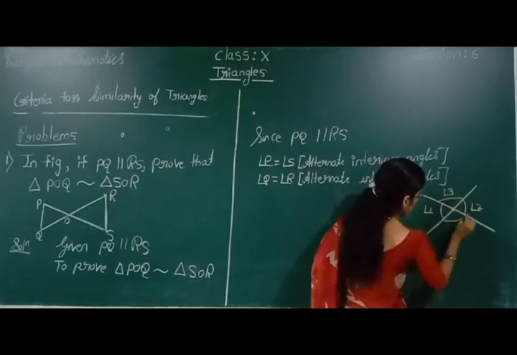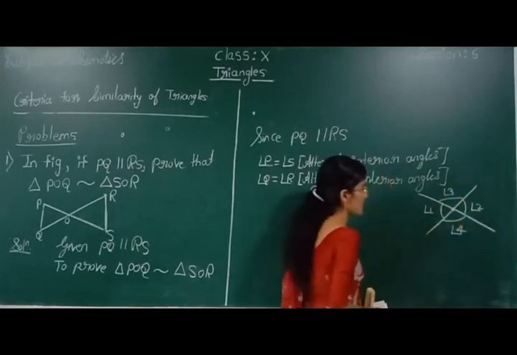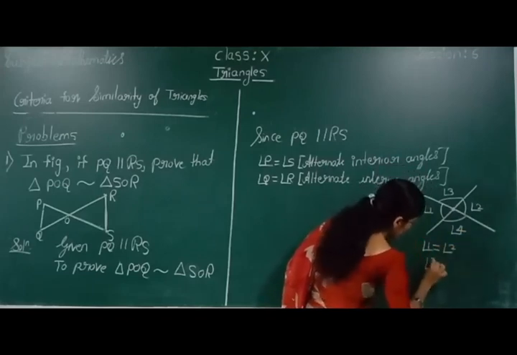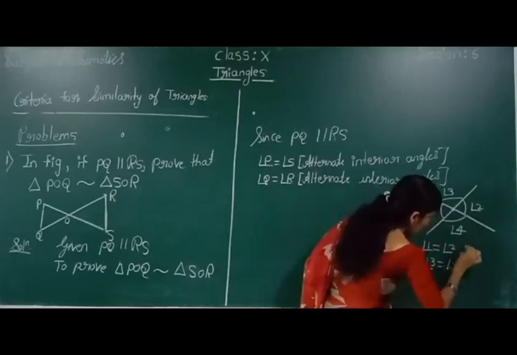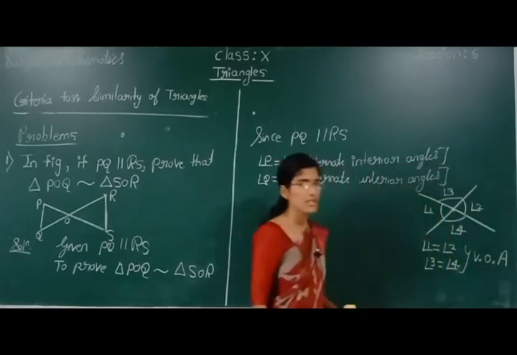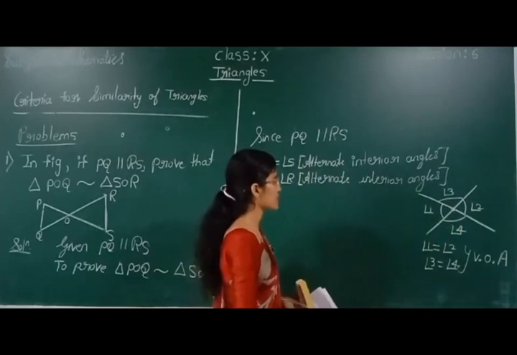You tell me what angles we are going to call these. Here angle 1 is equal to angle 2 and angle 3 is equal to angle 4. These are vertically opposite angles.